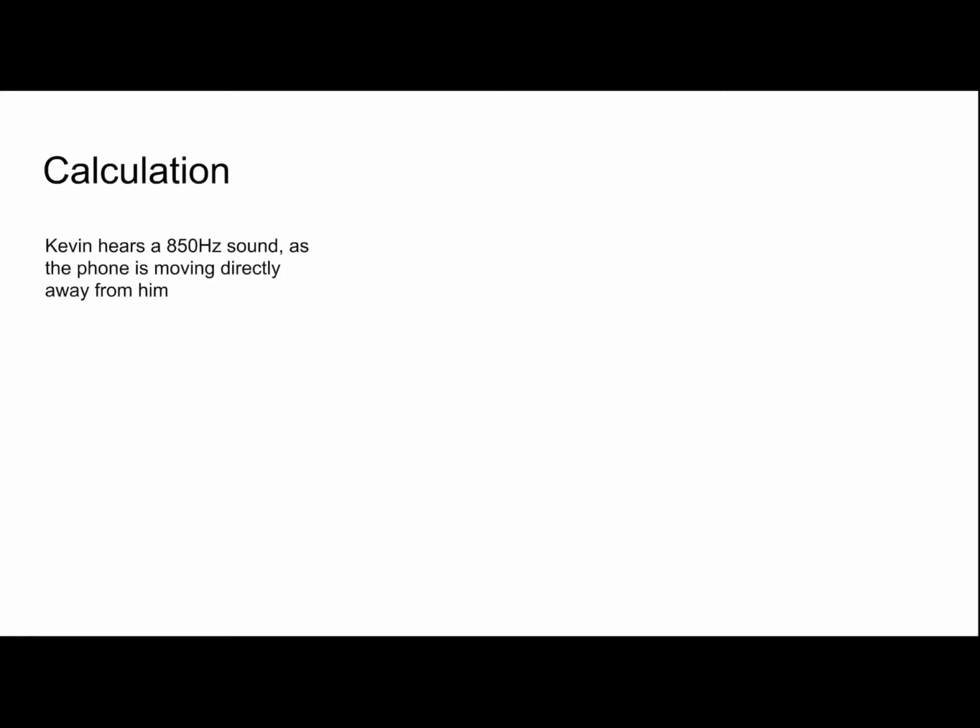So we know that Kevin hears an 850 Hz sound as the phone is moving directly away from him. When Kevin drops the phone, it is moving directly downwards, so the relative velocity is directly down, and the phone is moving directly away from Kevin. Therefore, we can directly find the velocity of the source, which is the phone.